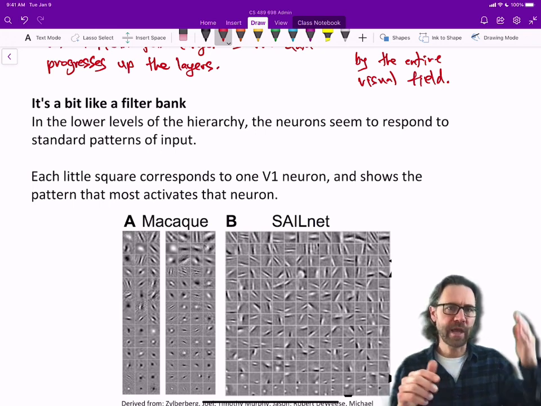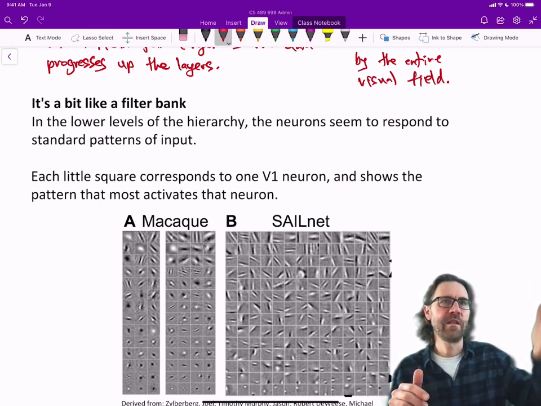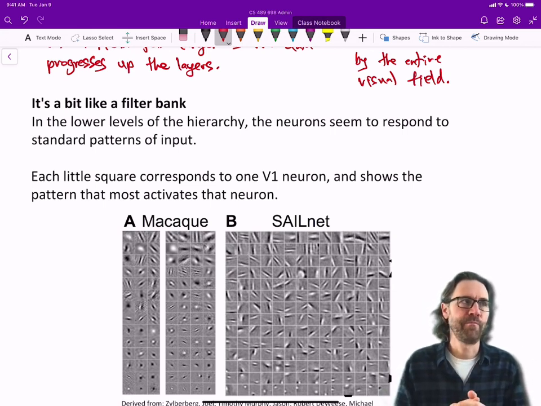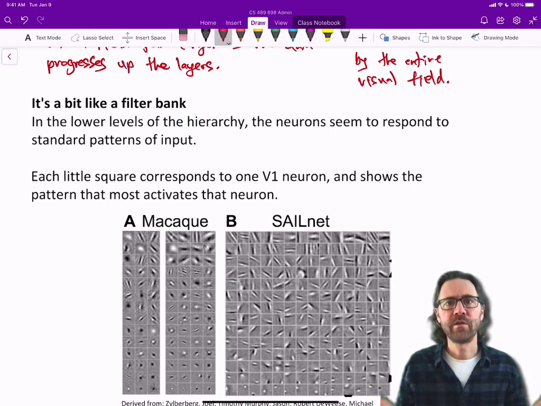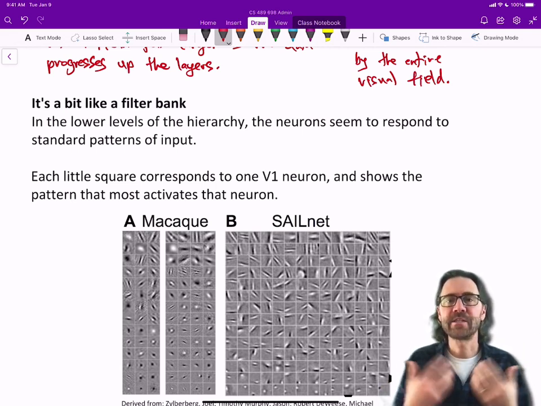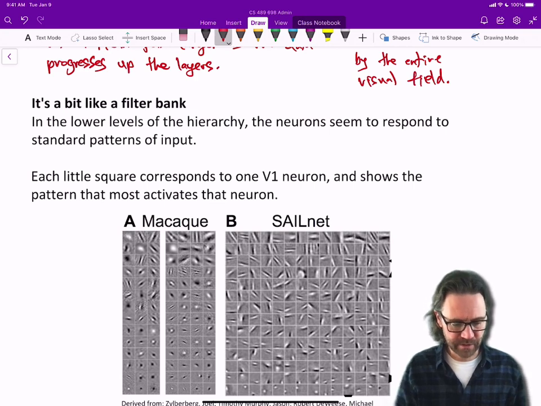Look at a neuron in V1, and then look at what in the visual scene excites that neuron, and what most things won't excite it. But the question is, what particular visual configuration excites that neuron the most?